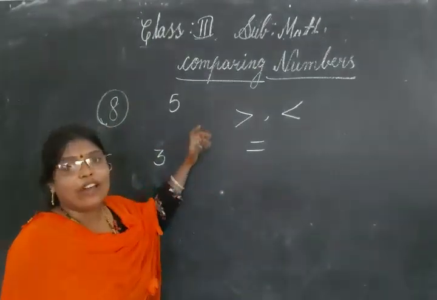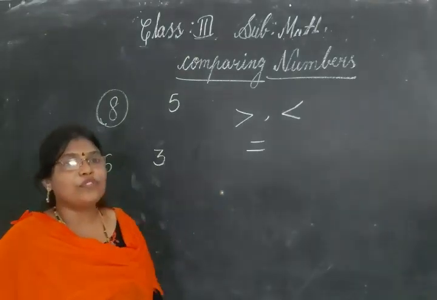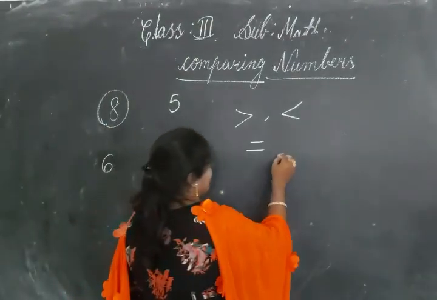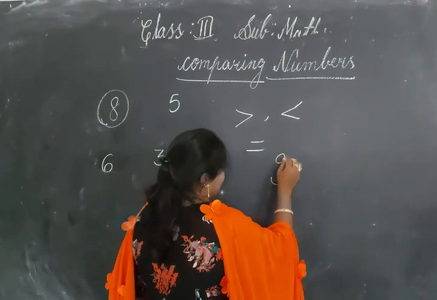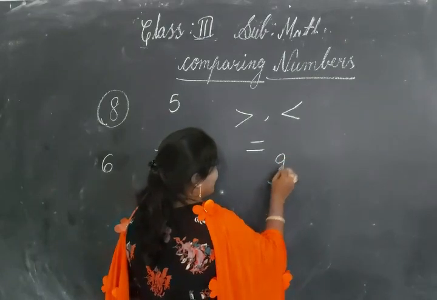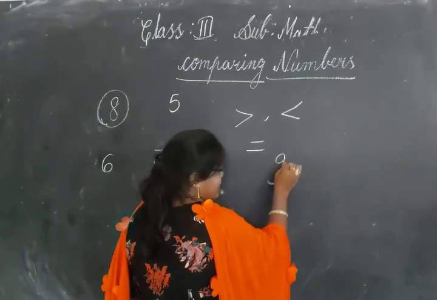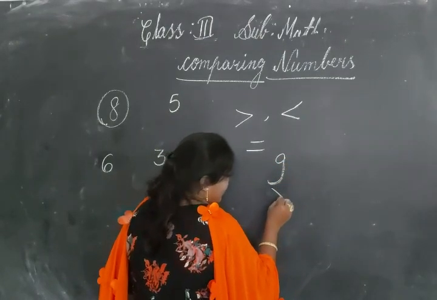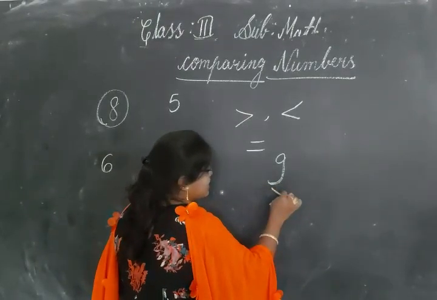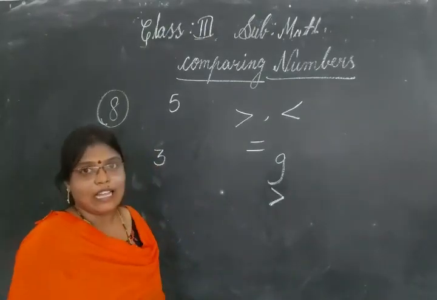For writing greater than, what is the first letter in the greater than spelling? G. In which direction are we writing G? Like this, right? So in which direction we are writing G, that direction symbol is greater than.